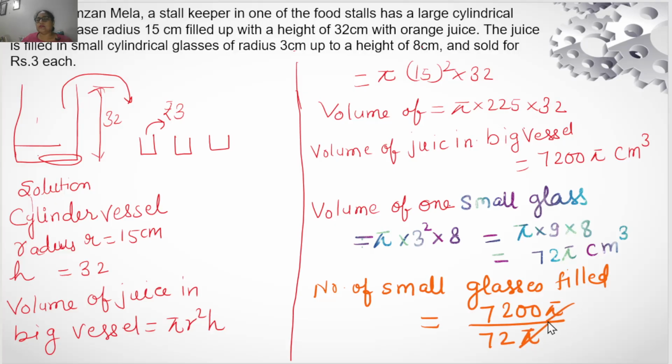Pi to pi will cut, and 72 into 100 will cut. So there you will get 100 glasses. So 100 glasses can be filled. Right?